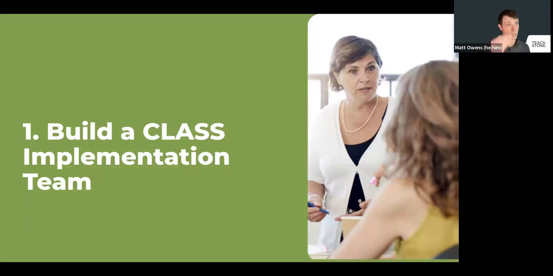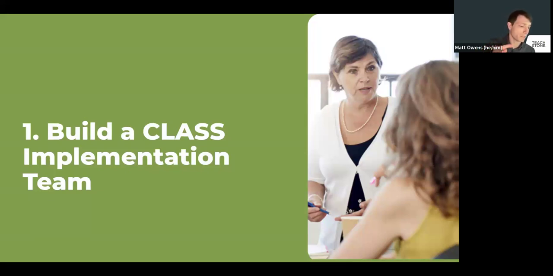I think from just skimming, we've got a decent amount of site leaders on this call, and you might think of your team as your mix of educators who can help you understand a variety of perspectives related to your CLASS implementation. So the guidance that we provide around this is to invite a variety of perspectives across roles, across levels of experience, perhaps across kinds of expertise or relationships.